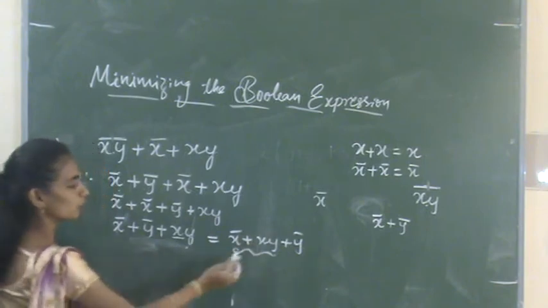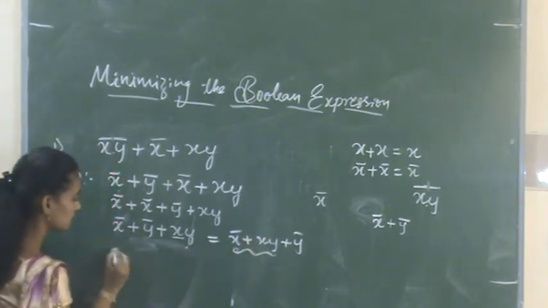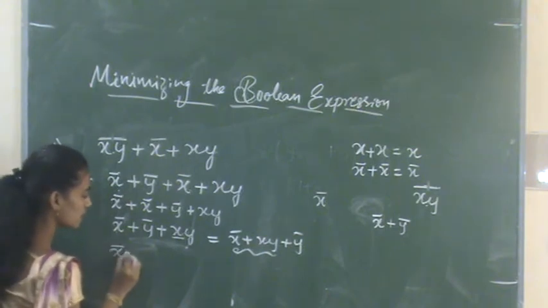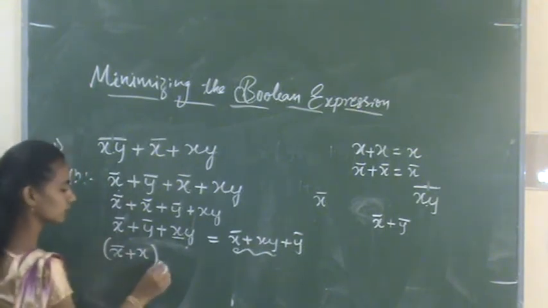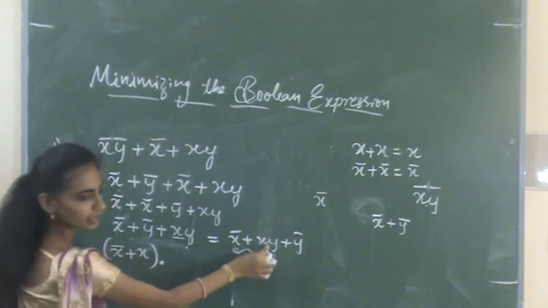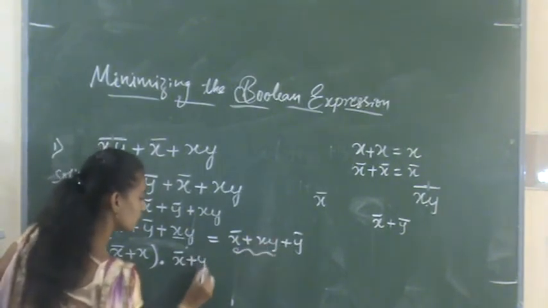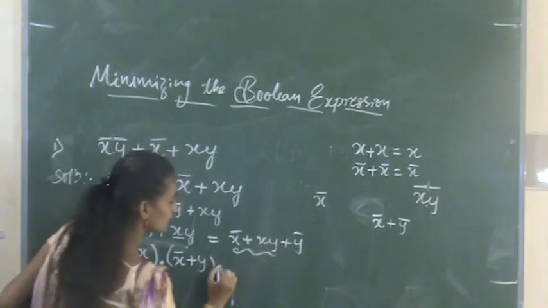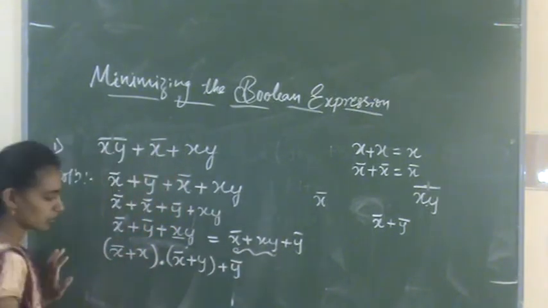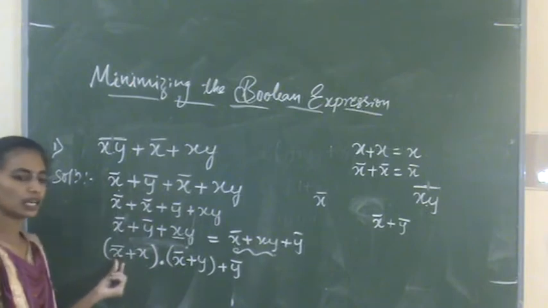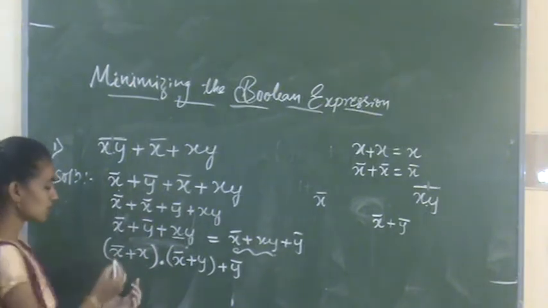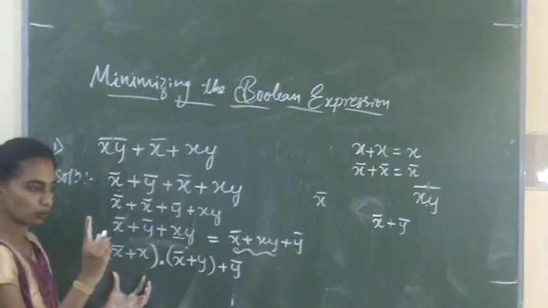Okay, so now x into x means x bar plus x into, because we have into here, and then x bar plus y, the remaining is plus y bar. So we know that according to the complementative law, x bar plus x is 1, right?